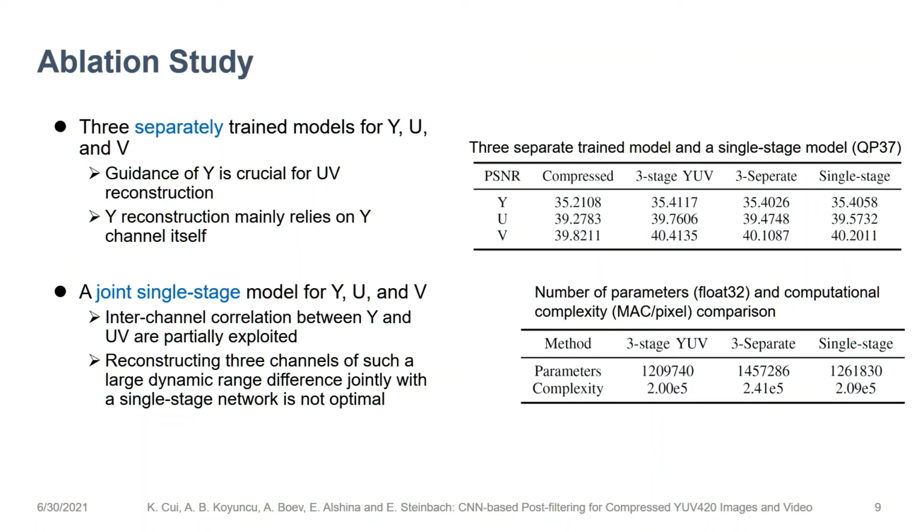However, reconstructing 3 channels with such a large dynamic range difference jointly with a single-stage network is not optimal. These ablation study results further prove the rationality and effectiveness of our proposed network design.